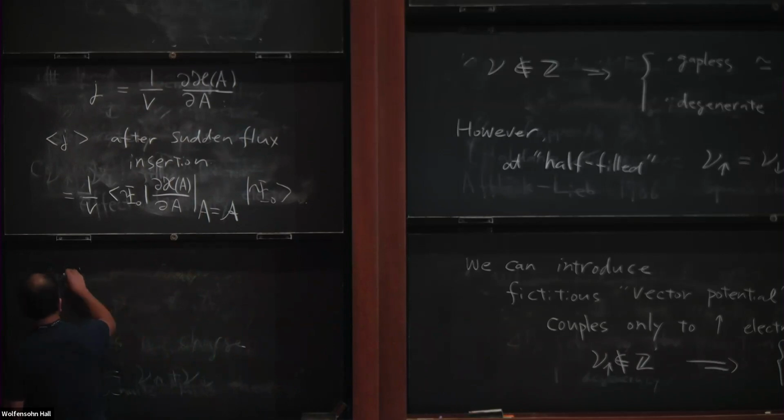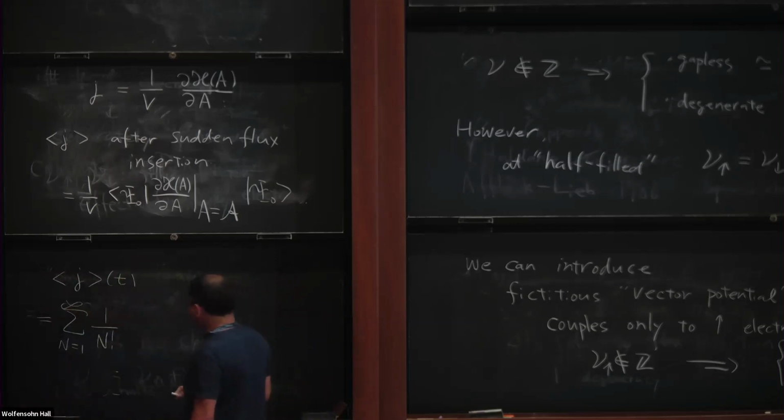So this current at time t would be given by a sum over nth order contributions, and the nth order contribution would be given by the nth order conductivity, which is a response function, with integrals from 0 to t.